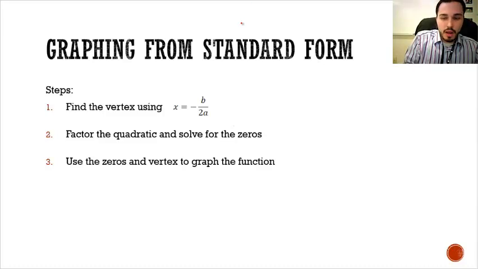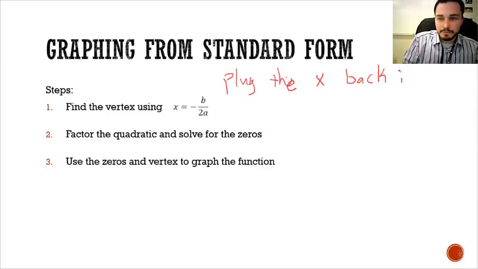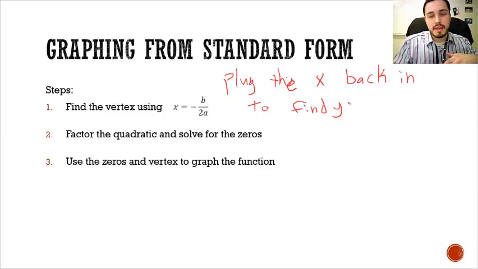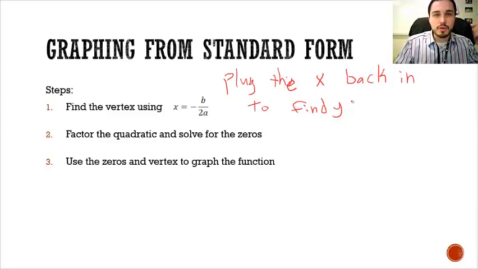To get the y value of your vertex, remember you have to plug the x back in to find y. So you do that, you find the x value by doing negative b over 2a, you plug that into the equation to find y, and bada bing bada boom, you've got your vertex.